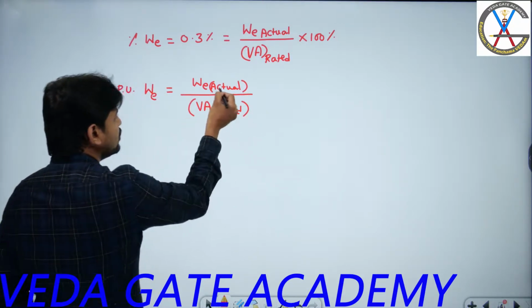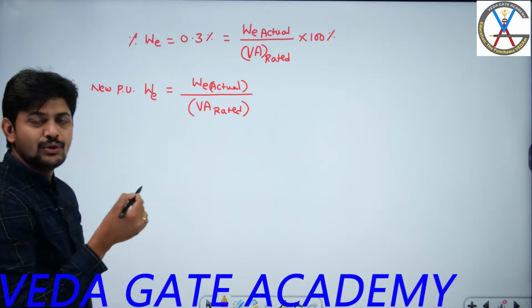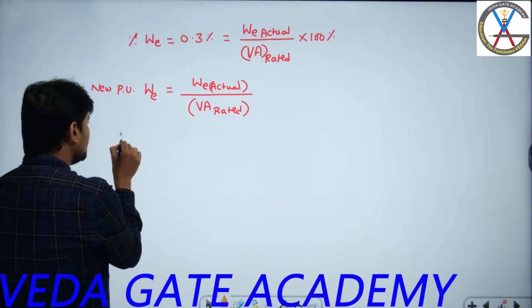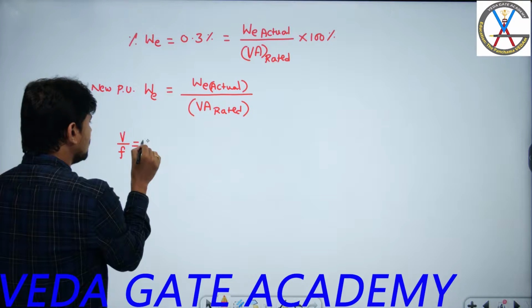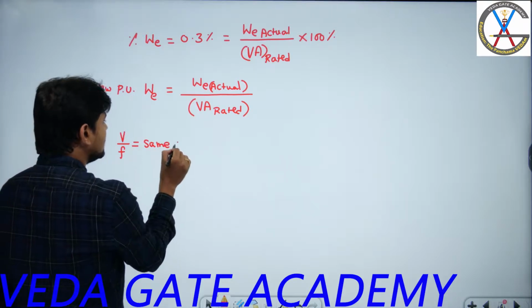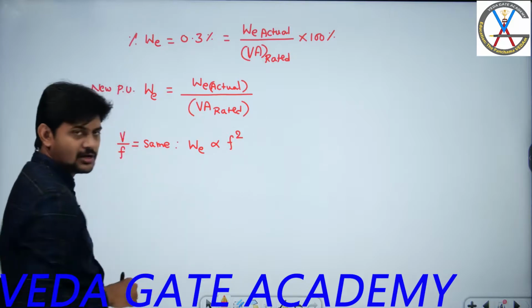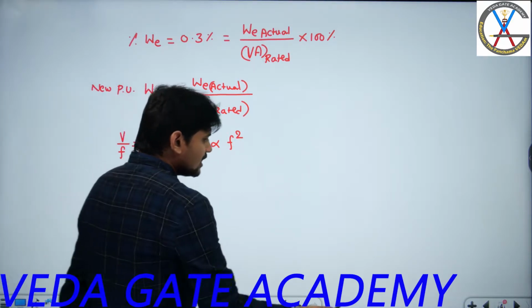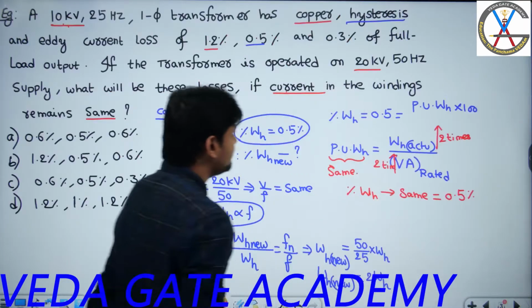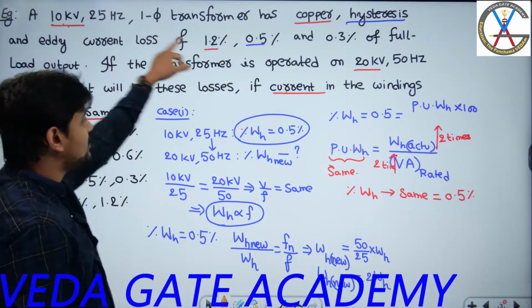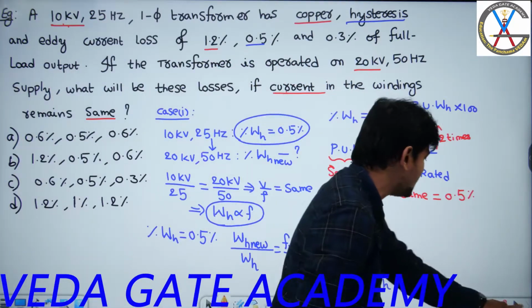For that, to make a comment on the new eddy current losses, as the V by F ratio remains the same in both operating conditions, I can say that my eddy current losses are directly proportional to whom? Frequency square. And from the original condition to the new condition, frequency is increased by how many times? 25 to 50 means frequency is increased by twice.